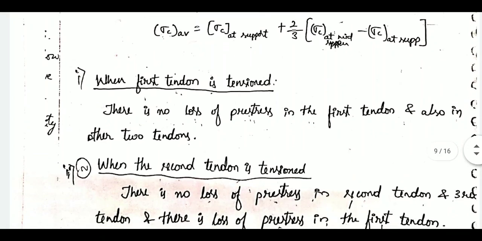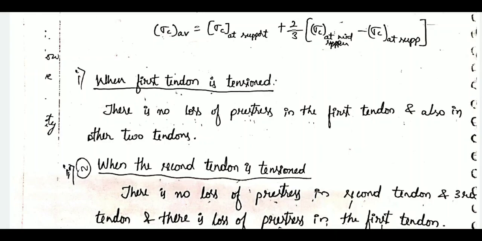Yes, now as in case of the previous problem, when you tension the first tendon you are applying the tensile stress and you have not at all touched the second and third cable, so there is no loss in any of the cables. So when first cable is tensioned there is no loss. Then come to second cable.